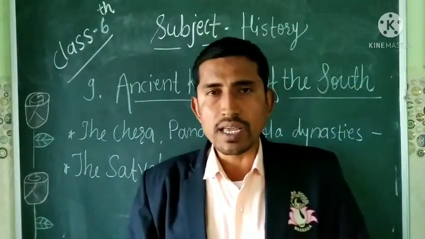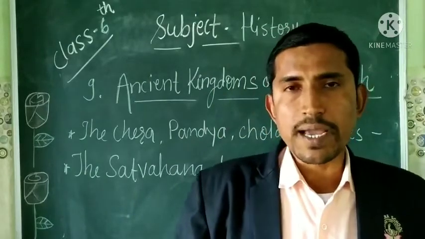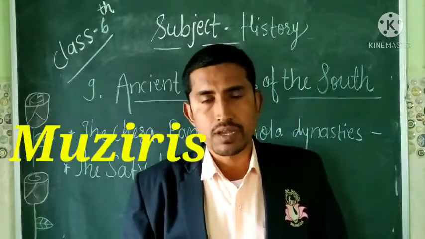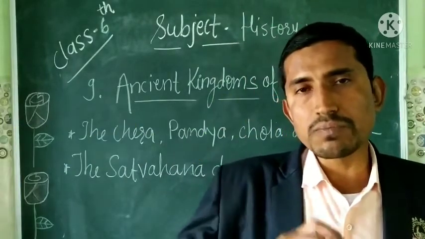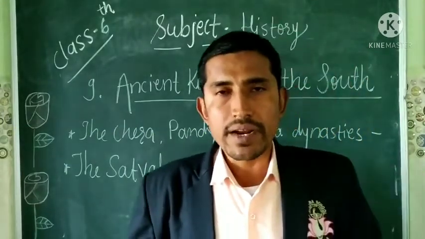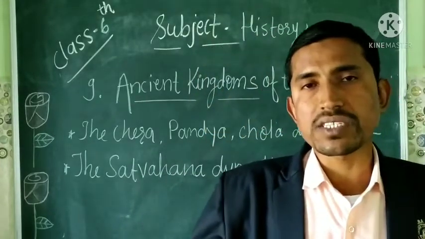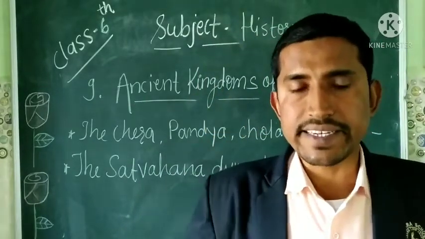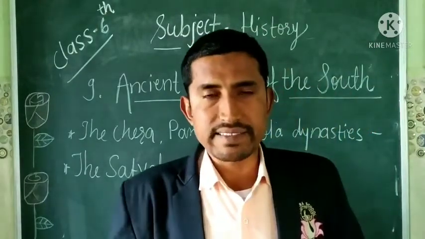We have to know another important thing of ancient South India, the Muziris. Muziris is the name of a port which belongs to the period of the Chera dynasty. This port is also mentioned in the literature, and nowadays it lies in the Kerala state.